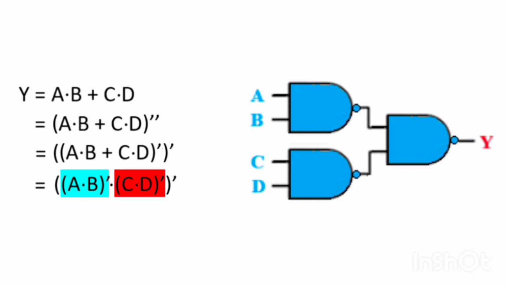Then applying De Morgan's theorem, we can write that part as within bracket a and b complement, that's equivalent to a NAND gate, and the second part is within bracket c and d, bracket closed, then complement, that is (cd) whole complement. So (ab) whole complement means NAND gate for which the inputs are a and b, and (cd) whole complement means NAND gate again with the inputs c and d. So these two NANDed, then we will be getting the output y as per this expression.